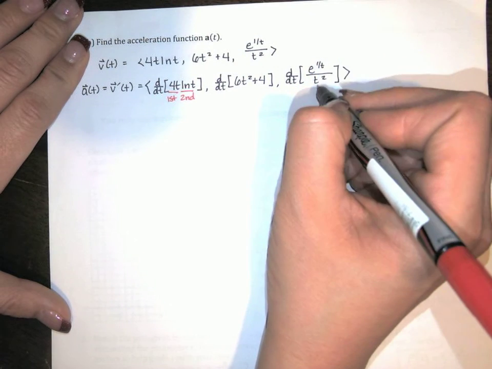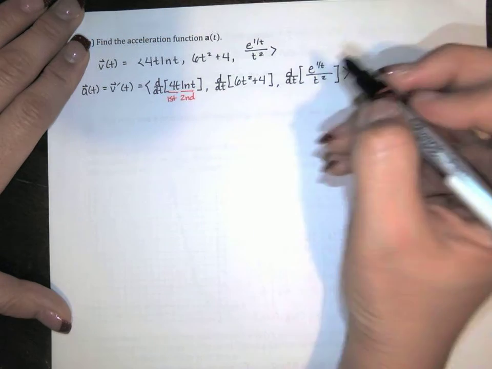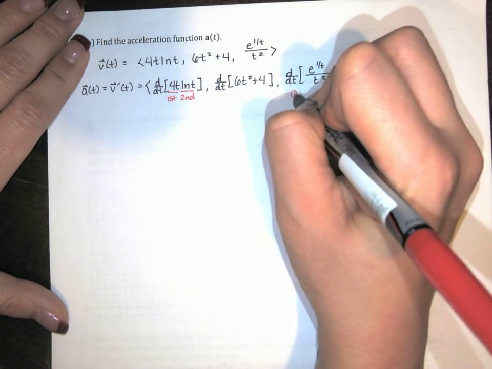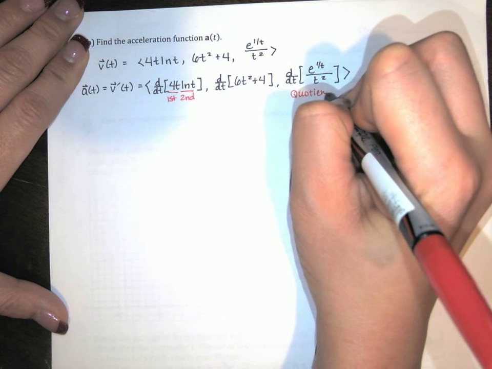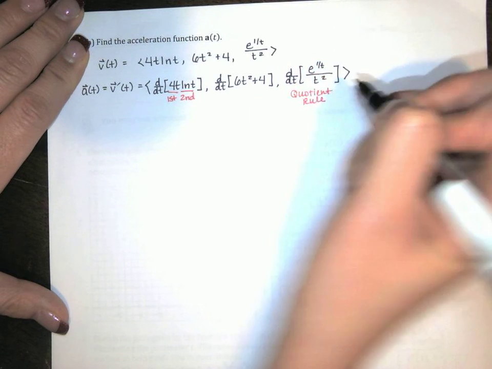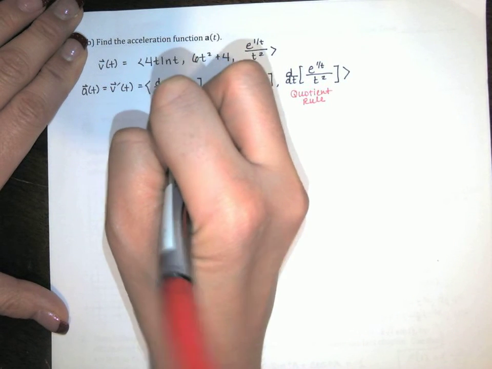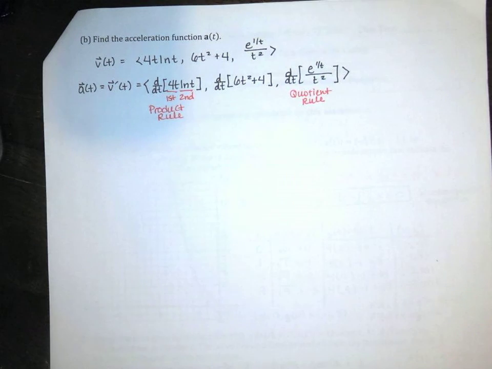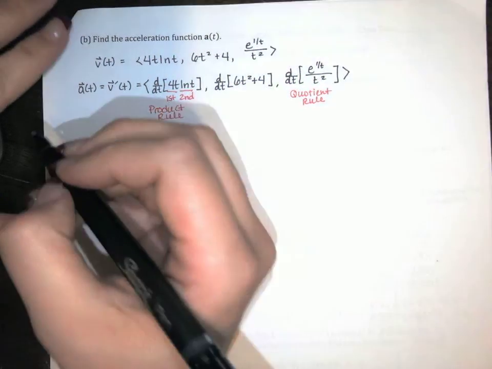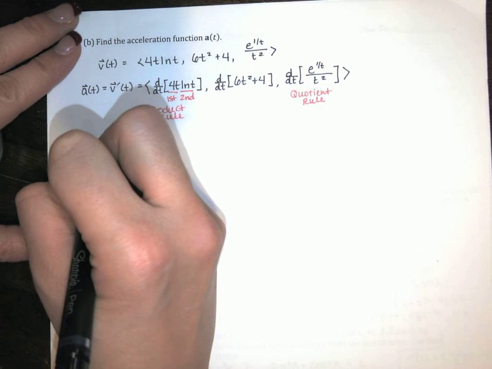And here I've got a function divided by a function, so that's going to require the quotient rule. Now we could do all three of these in line within the vector, but I think that makes the work look a little messy, so I'm going to do that outside of the vector. So let's just do one component at a time.